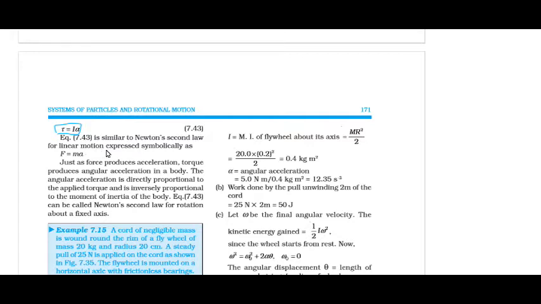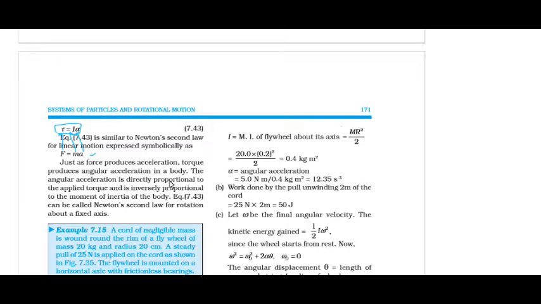Equation 7.43 is the same as Newton's second law of linear motion, F is equal to ma. So tau is represented by F, m is I, and a is alpha. Just as force produces acceleration, torque produces angular acceleration in the body. The angular acceleration is directly proportional to the applied torque and inversely proportional to the moment of inertia of the body.